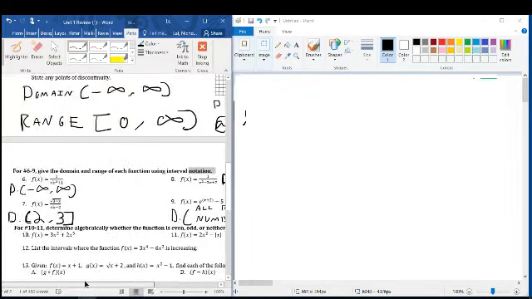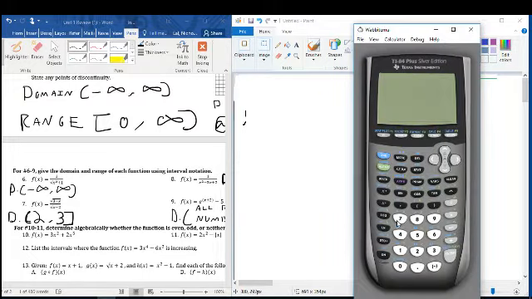For the range of the functions, the best way to look at it is that you can get a sense by graphing them.